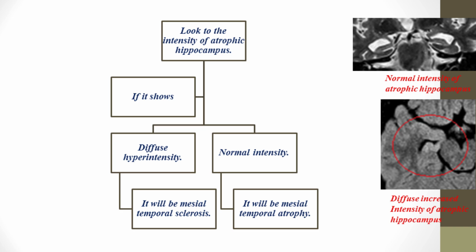Look at the intensity of the atrophic hippocampus. If it shows diffuse hyperintensity, it will be mesial temporal sclerosis, but if it shows normal intensity, it will be mesial temporal atrophy.